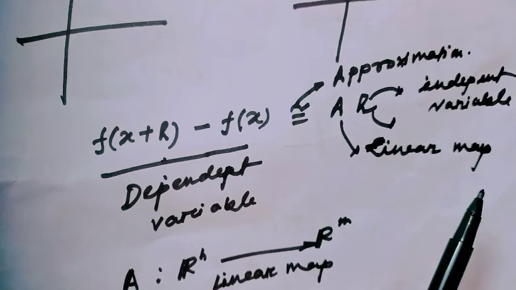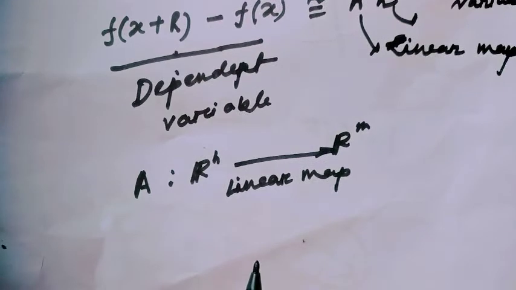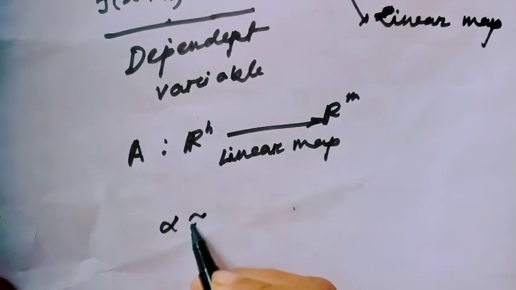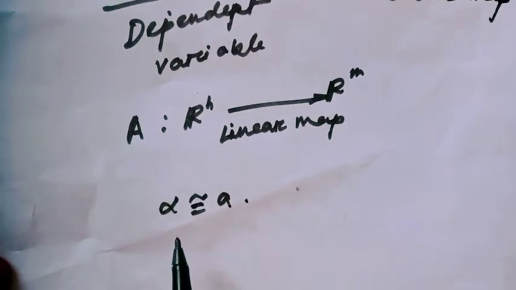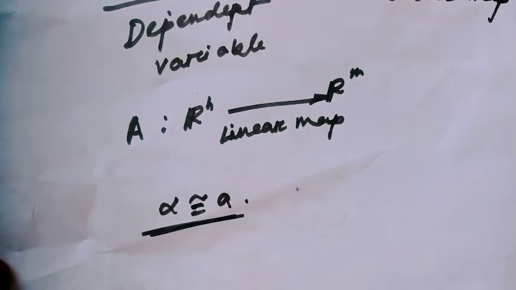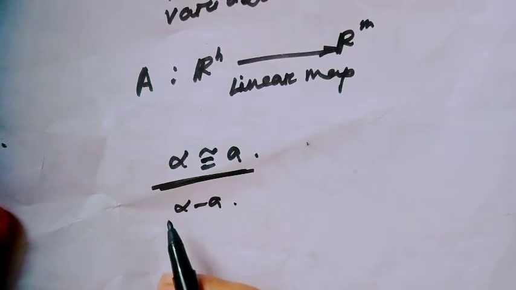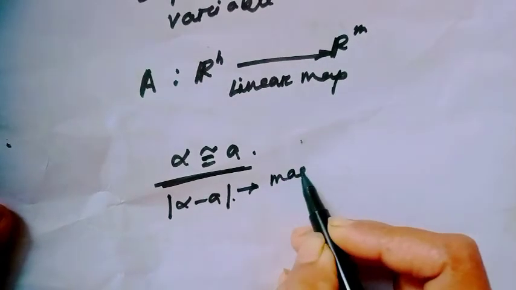Just looking at real numbers, since here it is an approximation. So on the real line, consider there exists a real number alpha which is approximated by a small number a. Therefore, that implies there exists an error, and this error is alpha minus a, and the magnitude of this error, if I put mod on both sides.